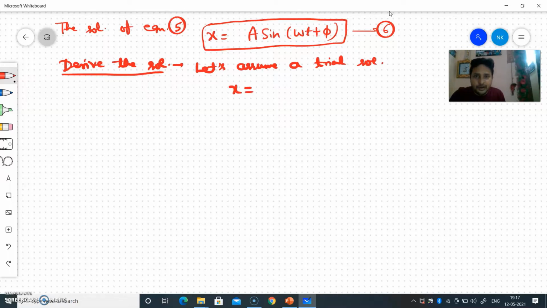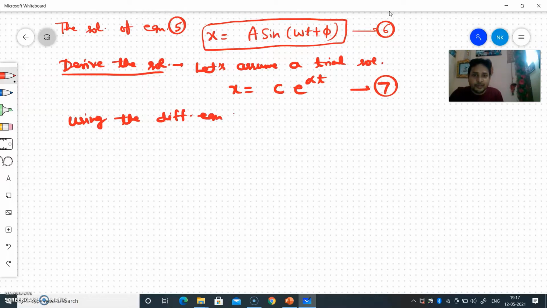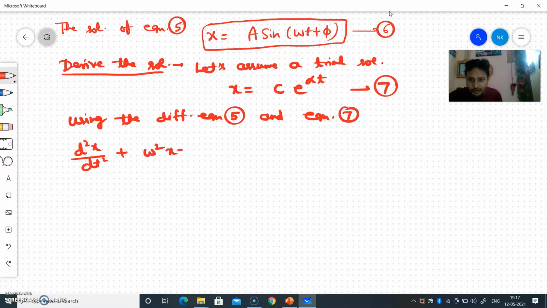Let's say we have assumed a trial solution that x is equal to c exponential alpha t, equation number 7. We have taken this as a trial solution, and using the differential equation 5 and equation number 7, what is the differential equation? d2x over dt square plus omega square x is equal to 0.